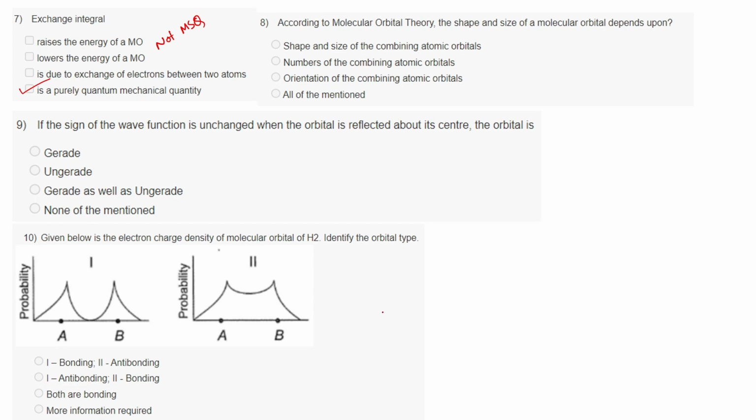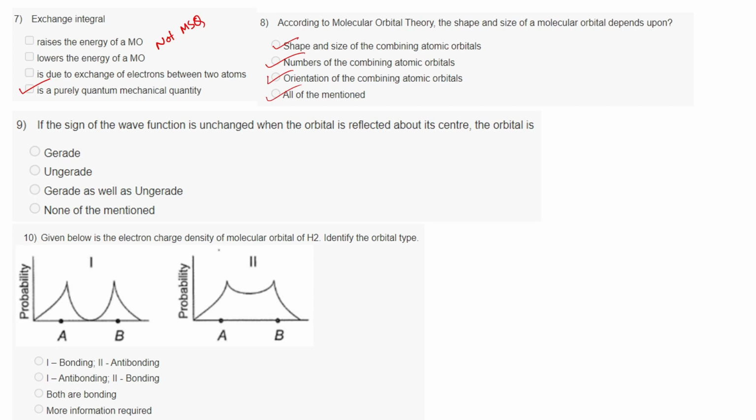So obviously the first statement is correct. For MOT, the shape and size of the combining atomic orbitals matter, right? Then the number of combining atomic orbitals also matters. This is also correct, and orientation is also going to matter. Then the symmetry will come into place. So actually all of them mentioned are correct for question number 8.